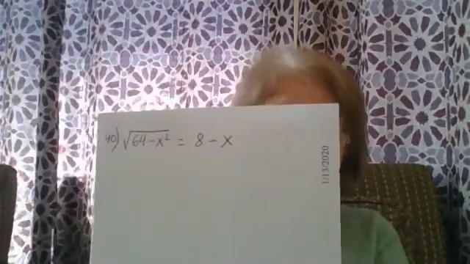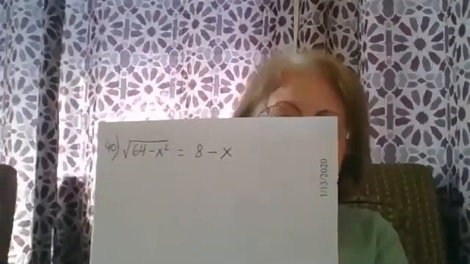We have a square root on the left side, and the radicand under this root is a difference of two squares. So number 40 has square root of 64 minus x squared equals 8 minus x. And we need to analyze what we have to see if it is an identity or not.